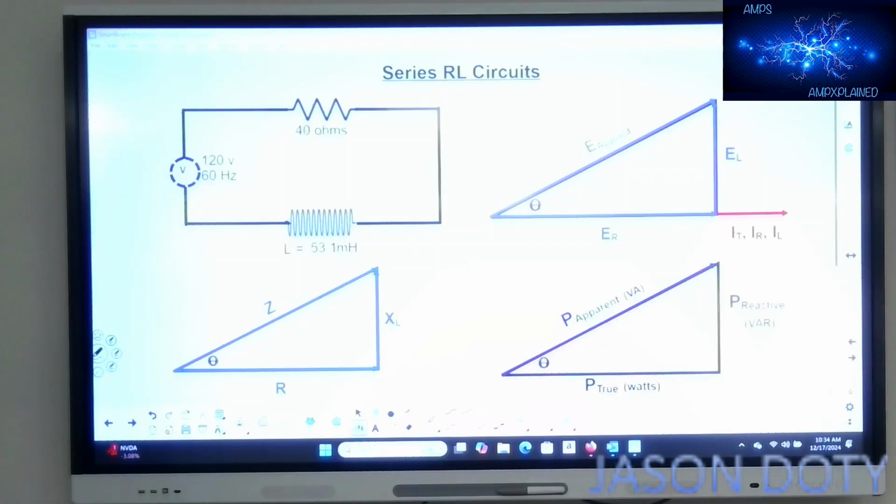And what we see here are what seem to be three triangles. These aren't actually triangles. I know it's a trick.